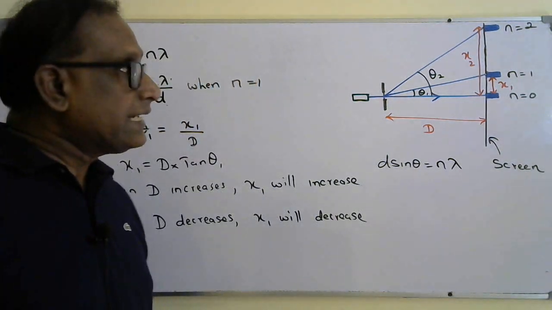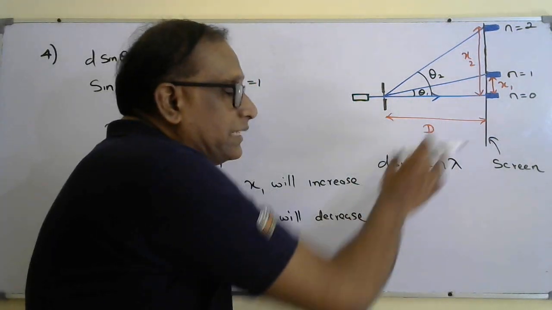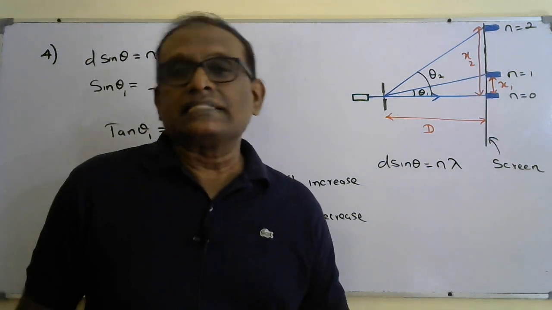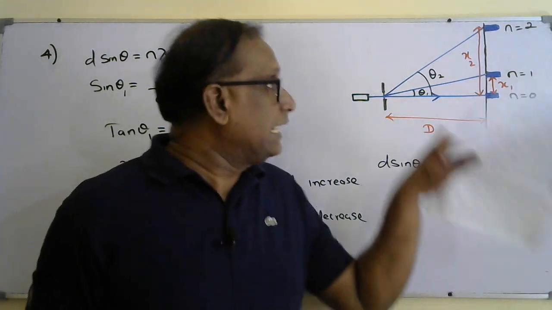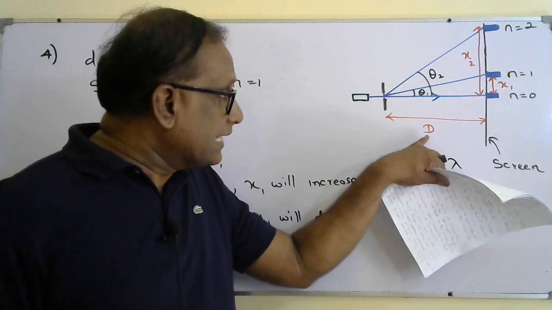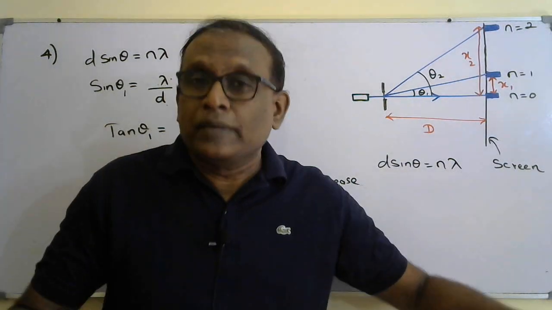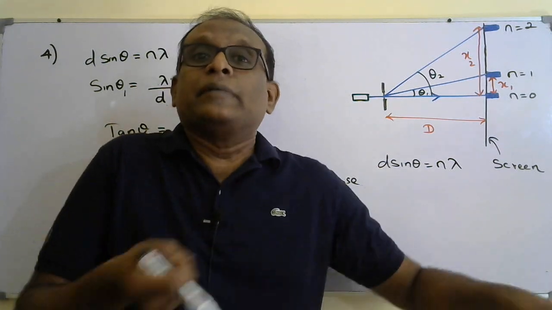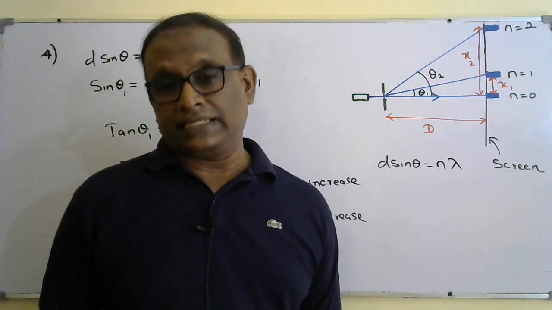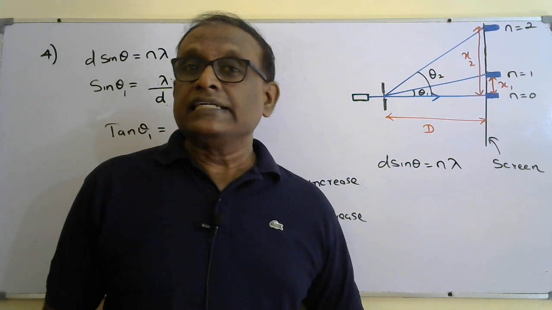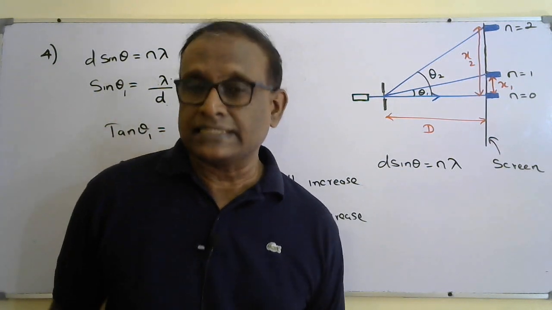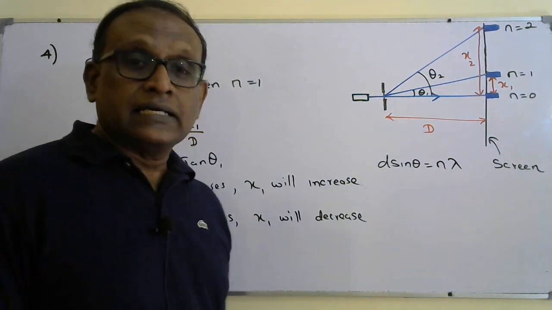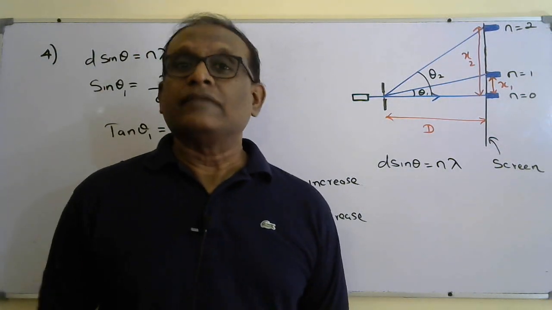When you are doing the practical, normally we keep a distance like 1.2 meter, 1.5 meter, because we should not keep the D very close. When you are increasing the D, the measurement will become larger. The advantage is that when the measurement becomes larger, the percentage uncertainty, which you learned in unit 3, will become smaller. We normally use a meter rule to measure the distance, so when D becomes larger, the percentage uncertainty in that measurement will become smaller.